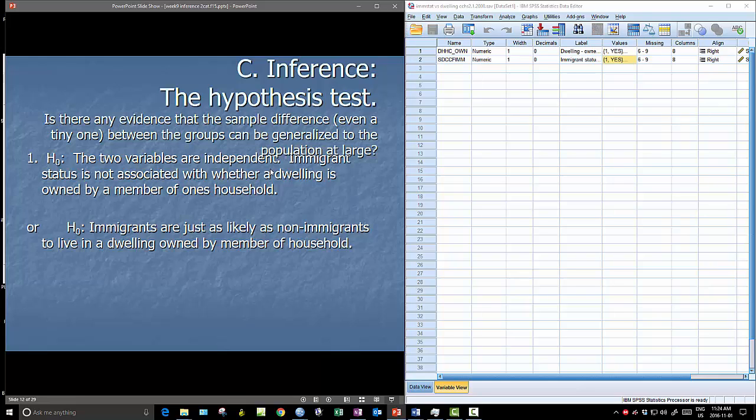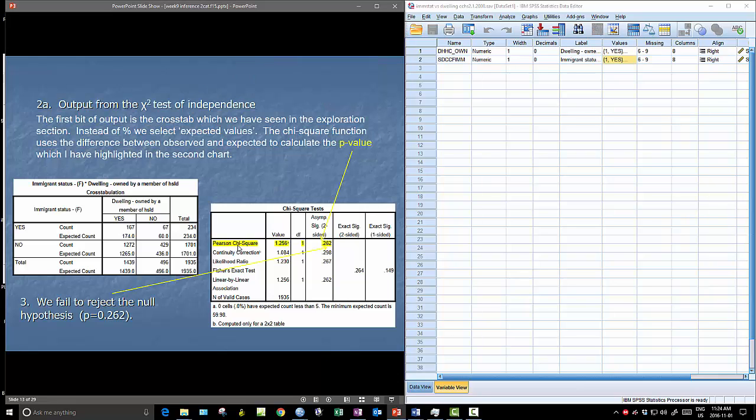Two variables are independent: immigrant status is not associated with whether a dwelling is owned by a member of one's household, or immigrants are just as likely as non-immigrants to live in a dwelling owned by a member of the household. Those are two styles of null hypothesis you'll see when there are two categorical variables.